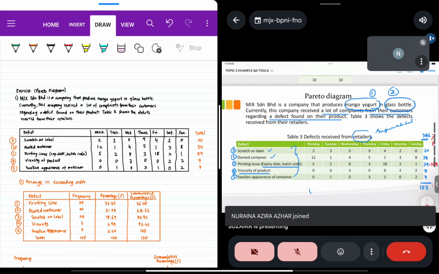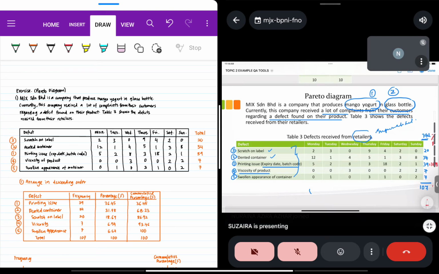For dented container, 31.78%. And then the third one, stretch on label, 20 divided by 107, 18.69.